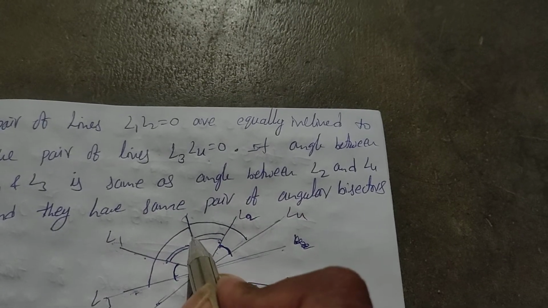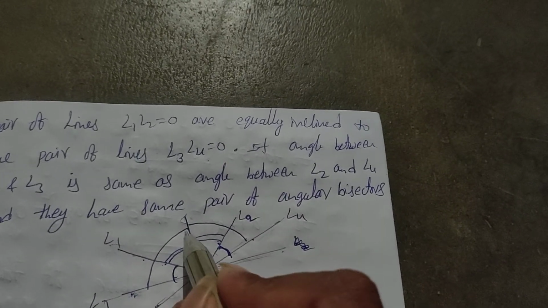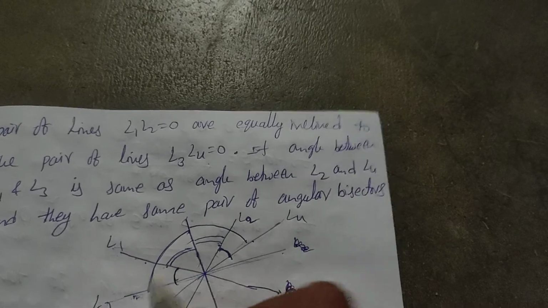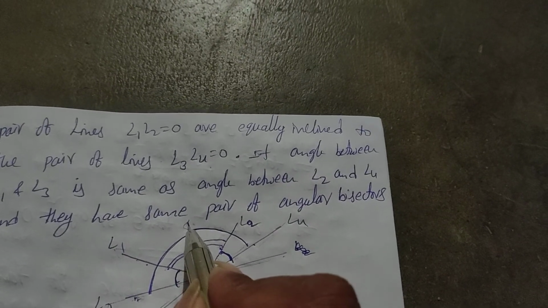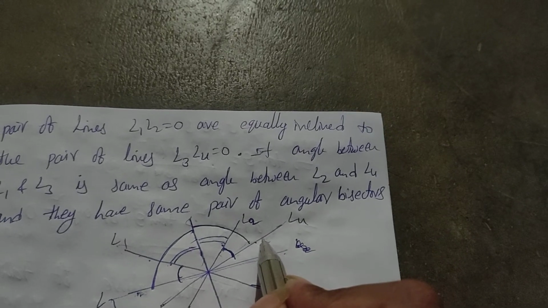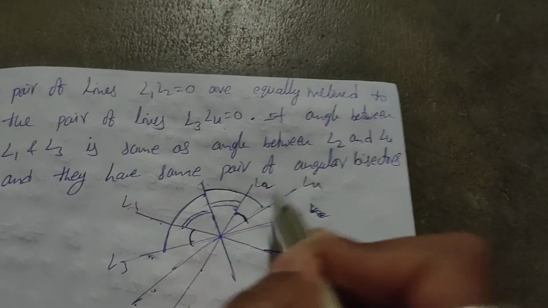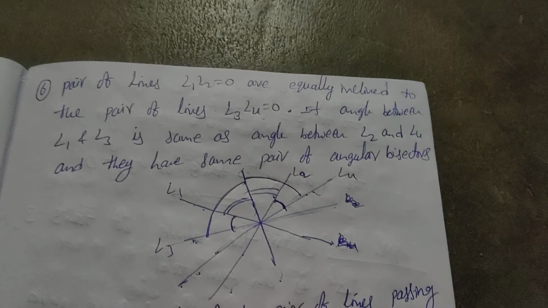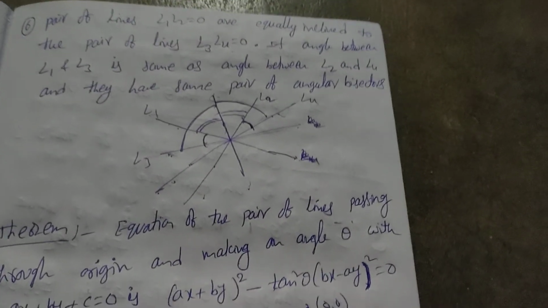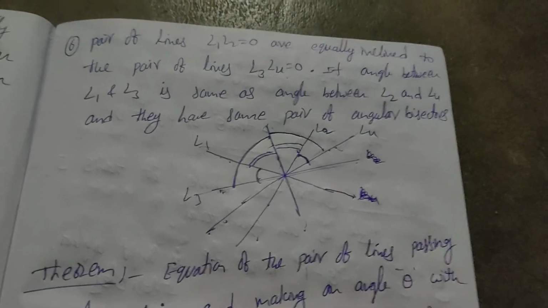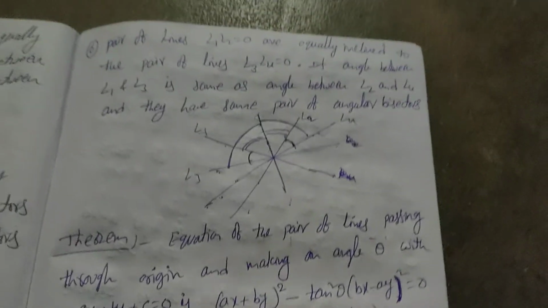Same for L3 and L4: whatever angle this line makes with L3, the same angle should be made with L4. That is the meaning of the pair of lines L1, L2 equal to 0 being equally inclined to the pair of lines L3, L4 equal to 0.